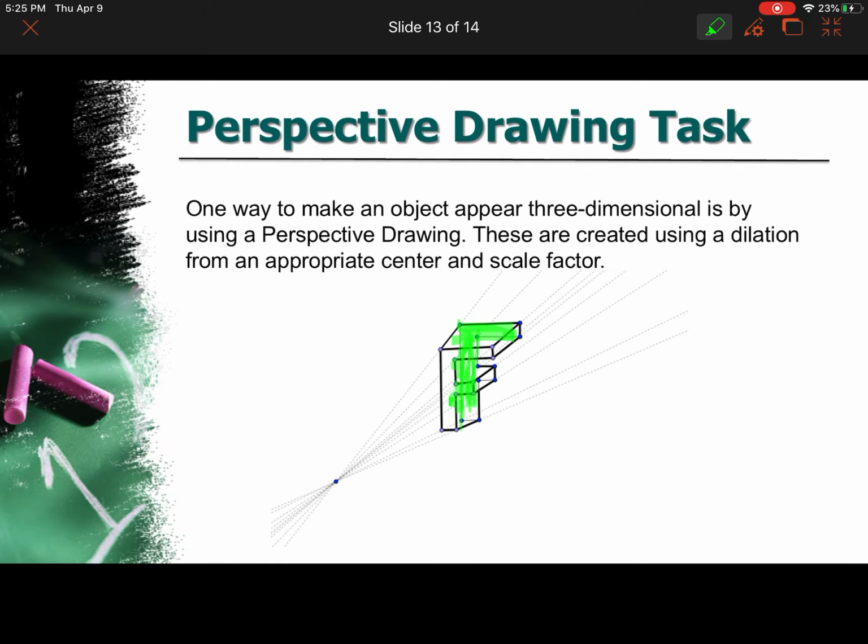That's one of our F's. And then we have a similar one that's smaller in the front here, right? So connecting all those lines kind of makes it look three-dimensional.